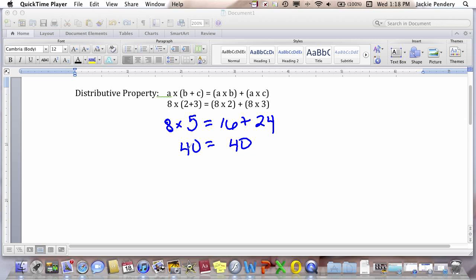So this shows that whether I add the addends and then multiply the sum, or I multiply each addend separately and then add the products, I still get the same number. Why is this important? You will need this in example 3. So let's move on to there.